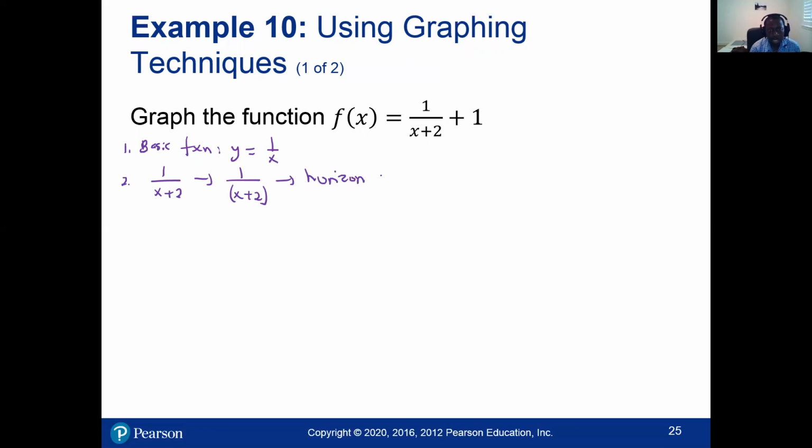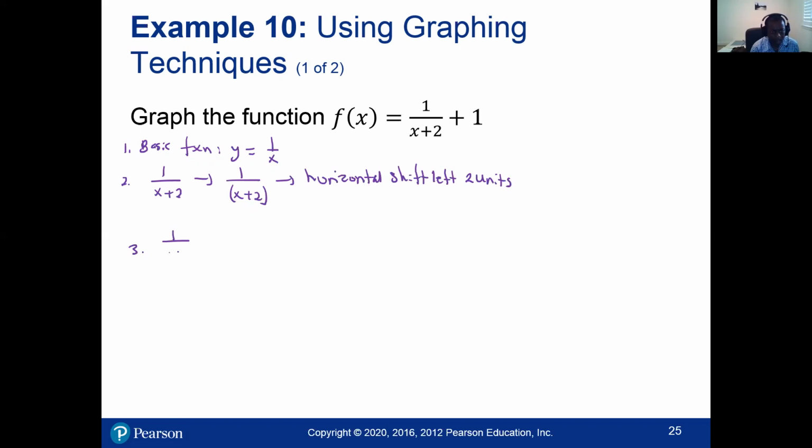How many units? Is it going to go right or left? Well, you have positive 2, so that will be to the left 2 units. Okay.